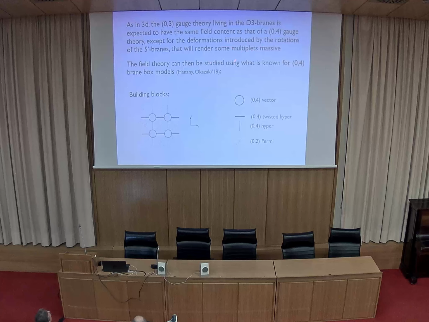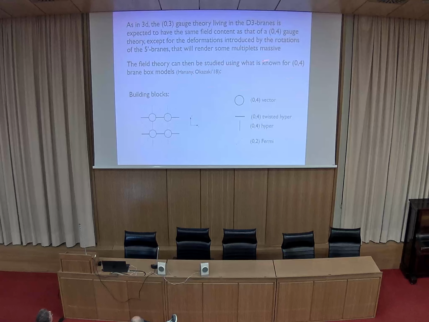Then there are some massive multiplets. So what we can do is, okay, let's treat this as if it was (0,4) supersymmetric, ignoring for the moment the rotations, and see what kind of information we can get from this.